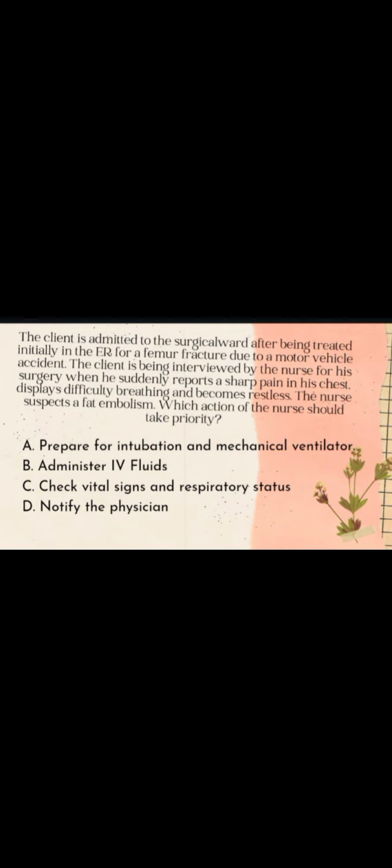Choice C is incorrect. There is sufficient information in the question to indicate the client is distressed. The client may need his vital signs checked and monitored. However, this does not take priority over informing the physician and starting emergency interventions.